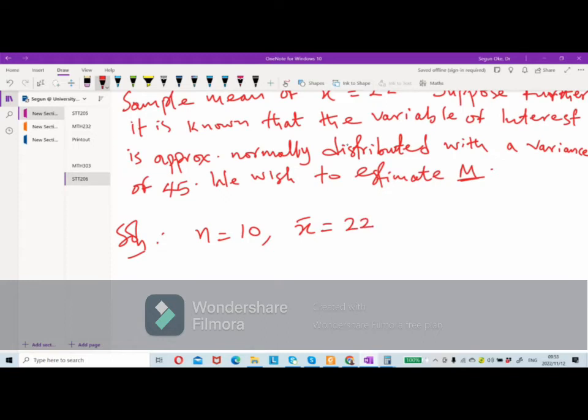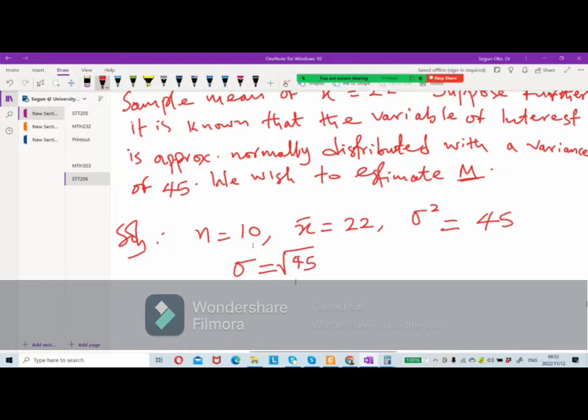Then we are given a variance, which is sigma squared, you remember, is equals to what? 45. Then how do we get the standard deviation? By taking the square root of 45.